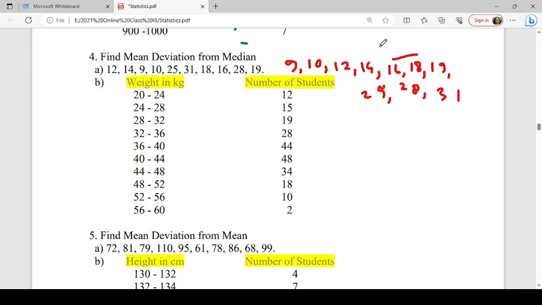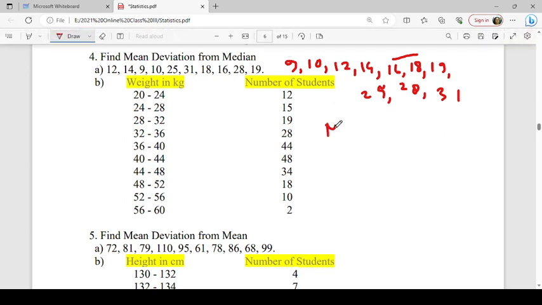So 16 plus 18 divided by 2. So median is 16 plus 18 divided by 2 is equal to 17.